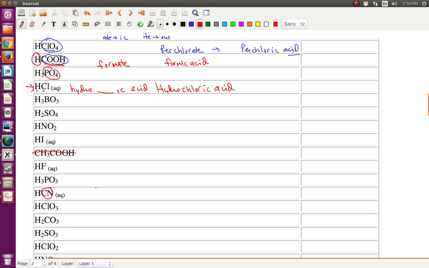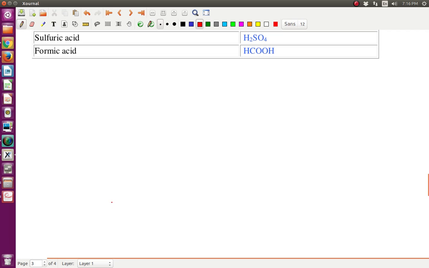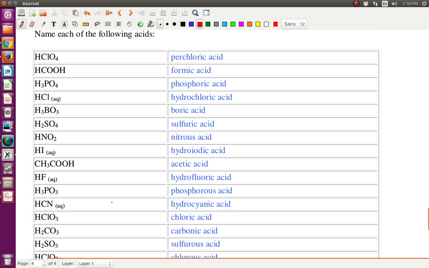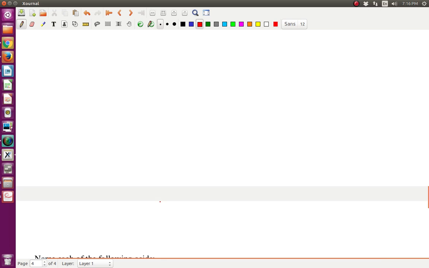So this one's going to be different, right? Cyanide. We don't have an ide up here. Because it's written like that, I think this is just cyanic acid. It's one of the extras that sometimes don't follow all the rules, just like life. Nope, it's hydrocyanic acid. I told you, this one didn't follow the rules. Hydrocyanic acid. So be careful.